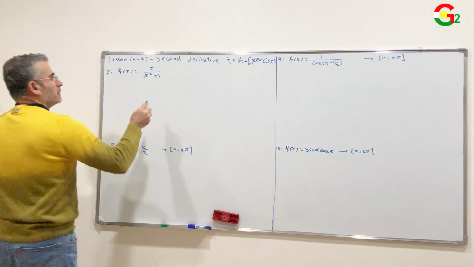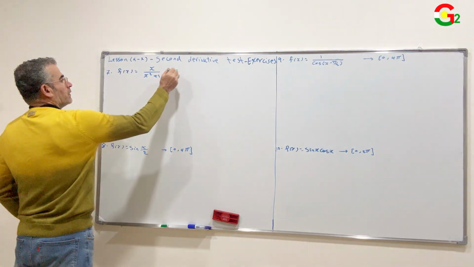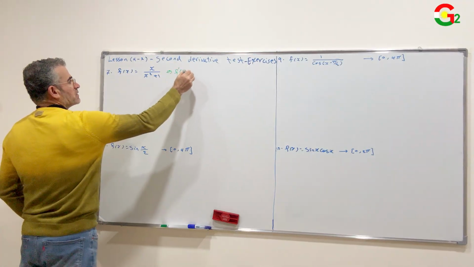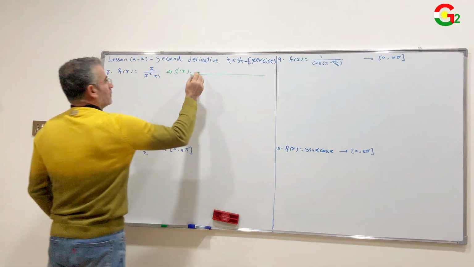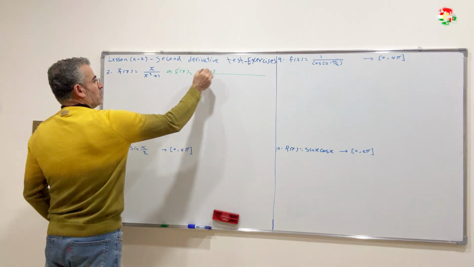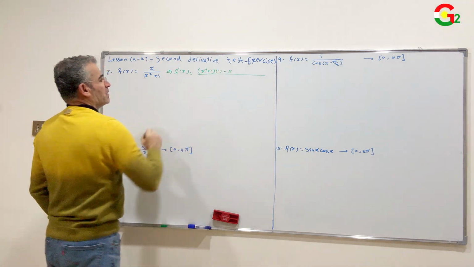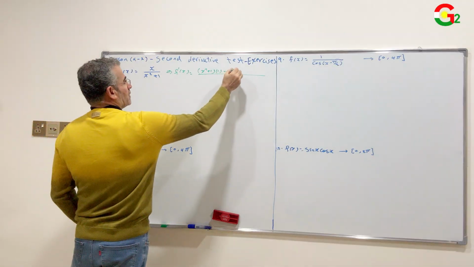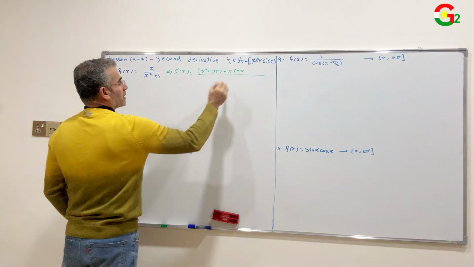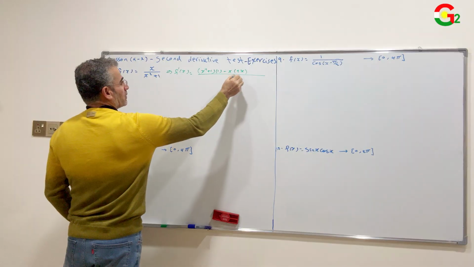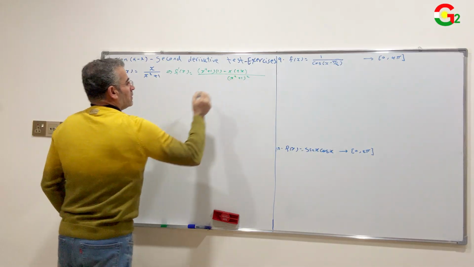Question number 7. Find the first derivative of this function. The denominator x power 2 plus 1 times the derivative of the numerator 1 minus the numerator 1 times the derivative of the denominator 2x, over the denominator squared.